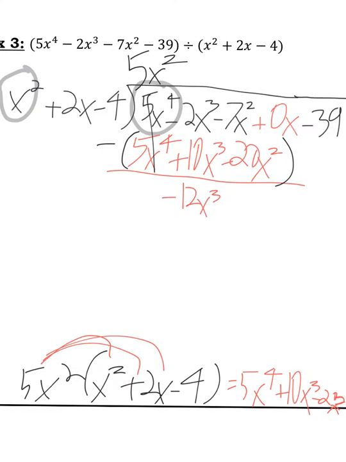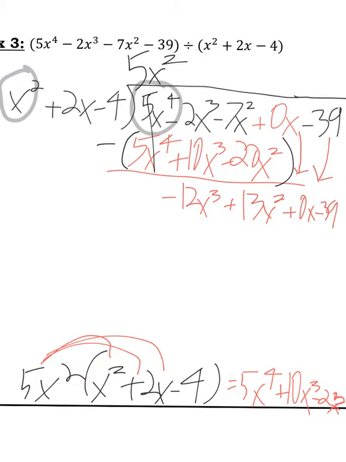So that's basically saying negative 7x squared plus 20x squared. So that's going to be 13x squared. And then the 0x and the minus 39 can just carry down because they were unaffected by that first step.